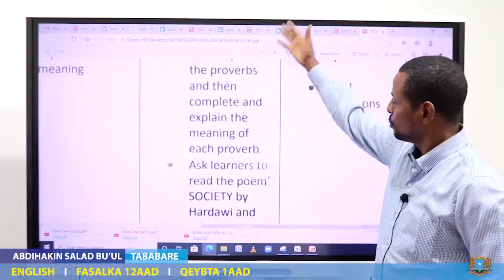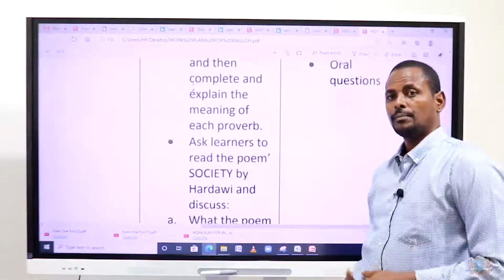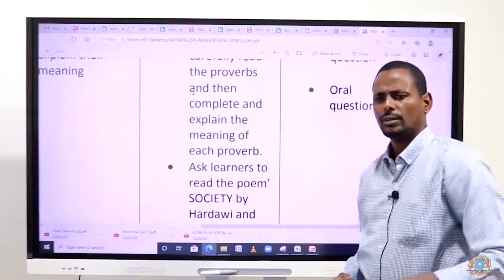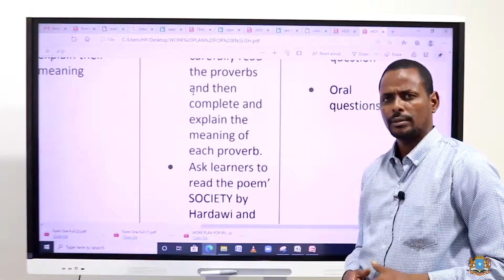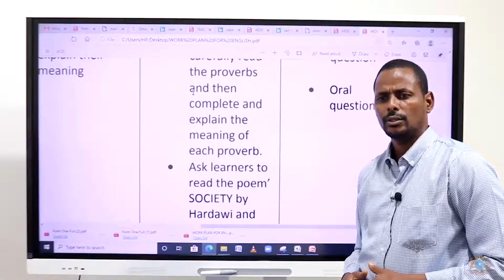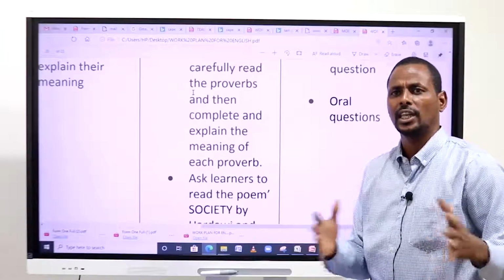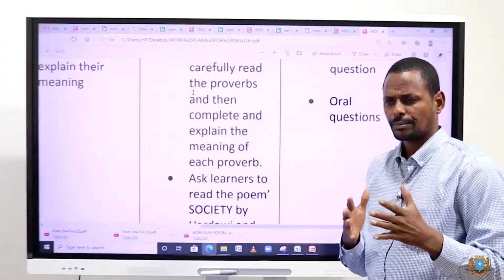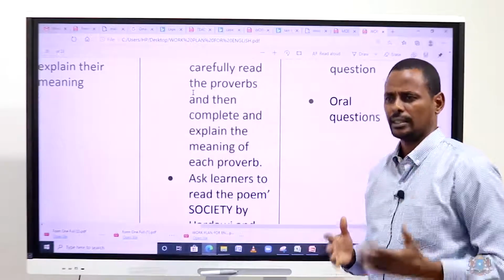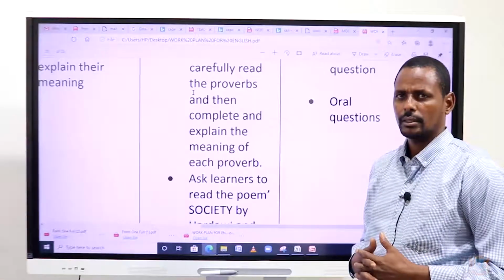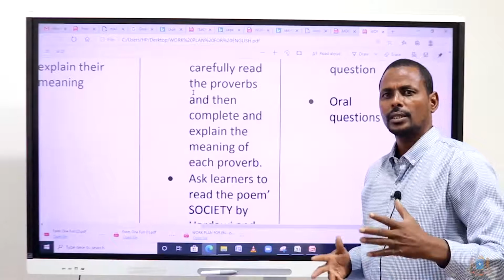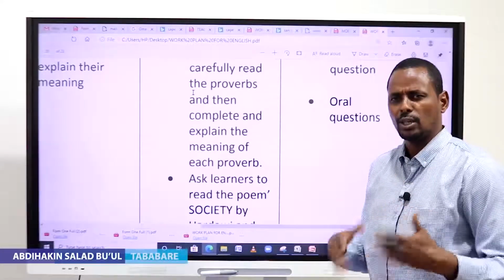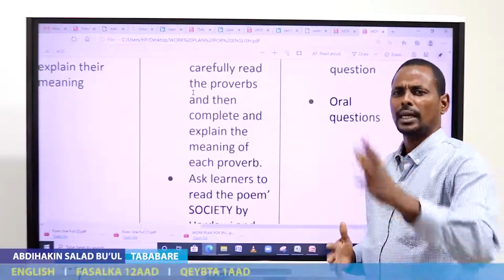Now, if you tell the student, read carefully the proverbs and explain the meaning of each proverb, students might not get it clear. Because as we know, proverbs have meaning, yes. But how do you define proverbs? How do students get it? You need to give them guidelines.